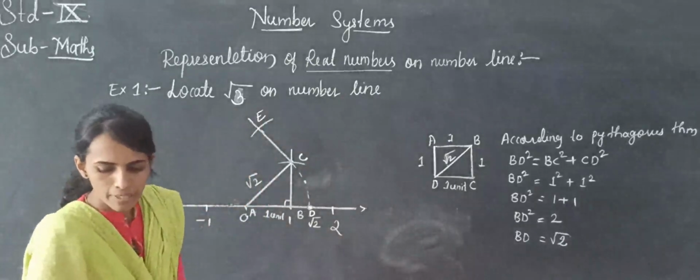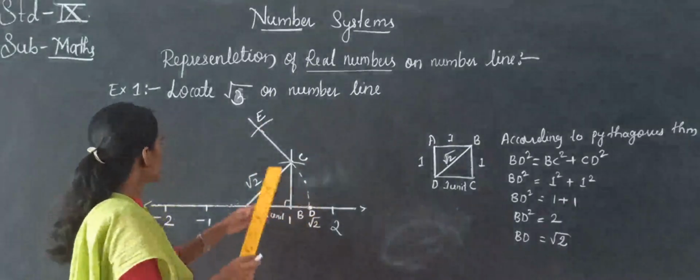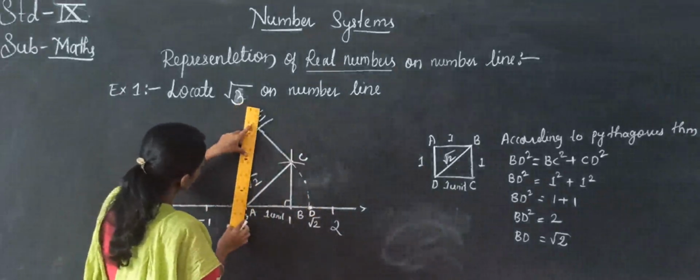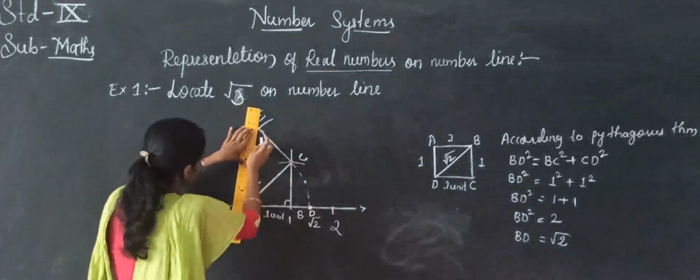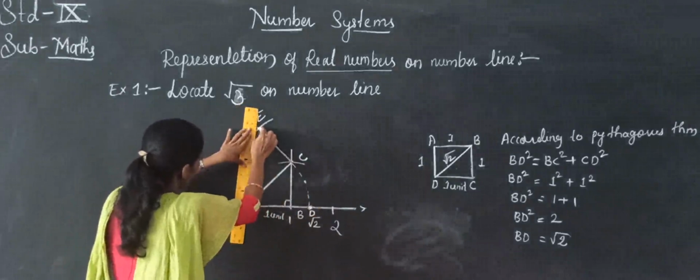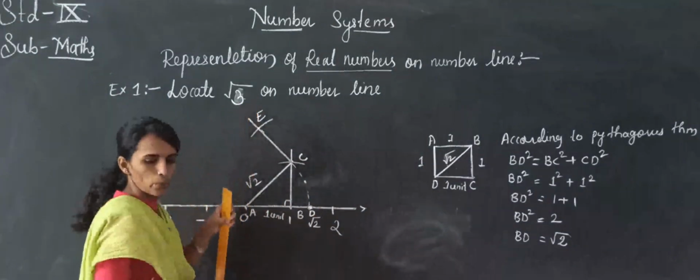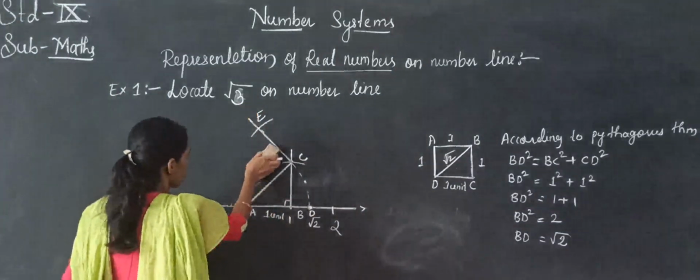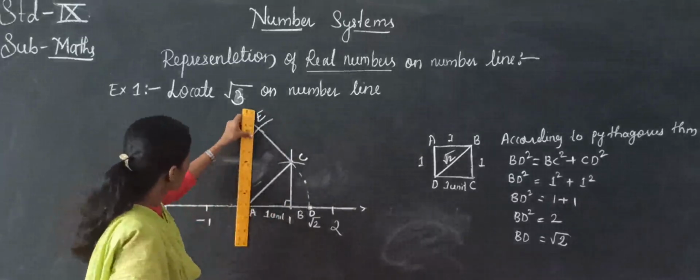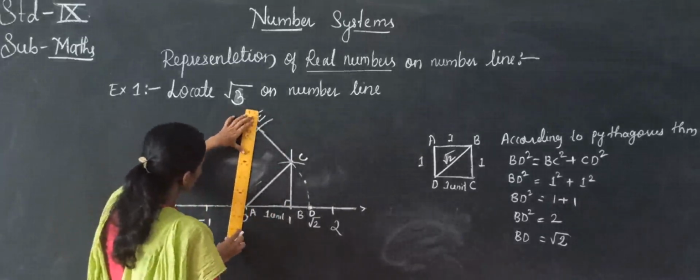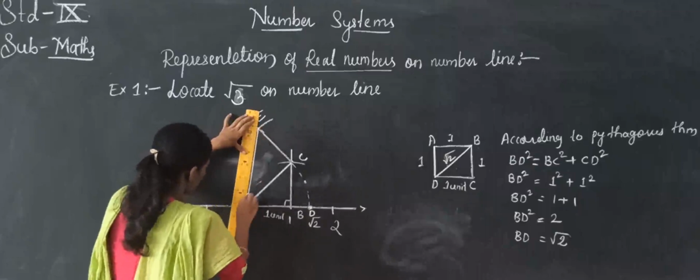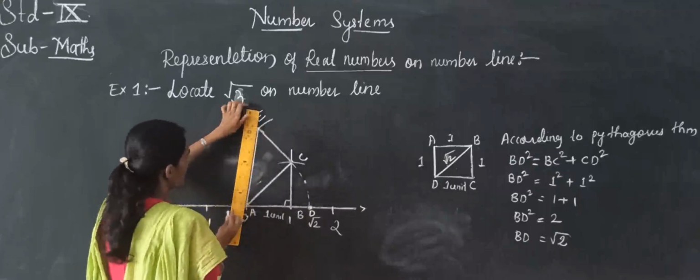After giving the name, you have to join that line to C here. A we got now.